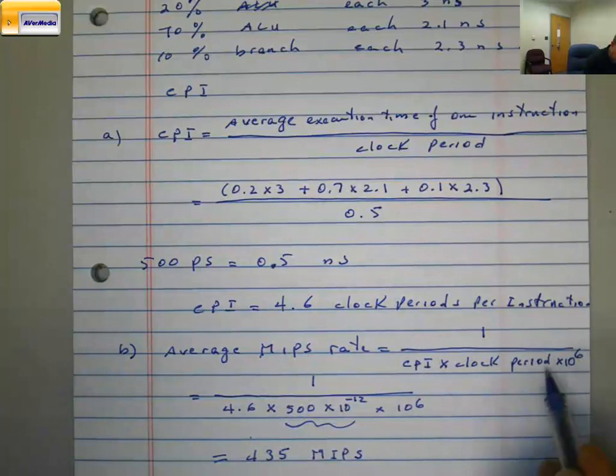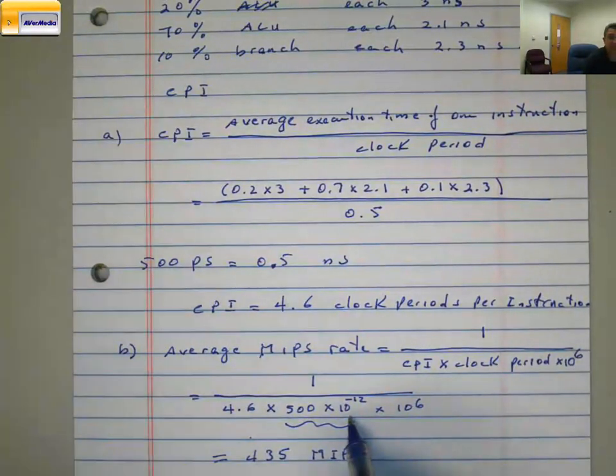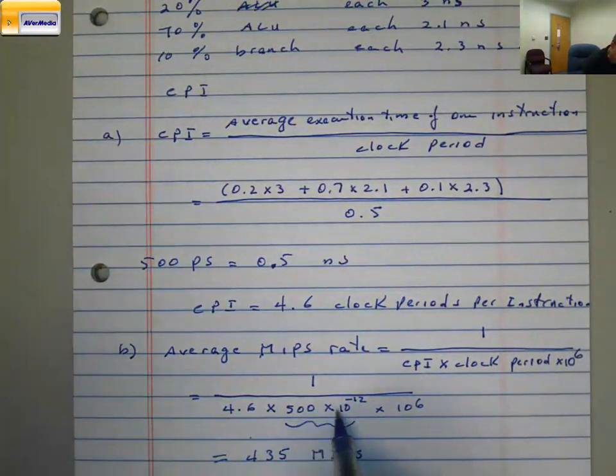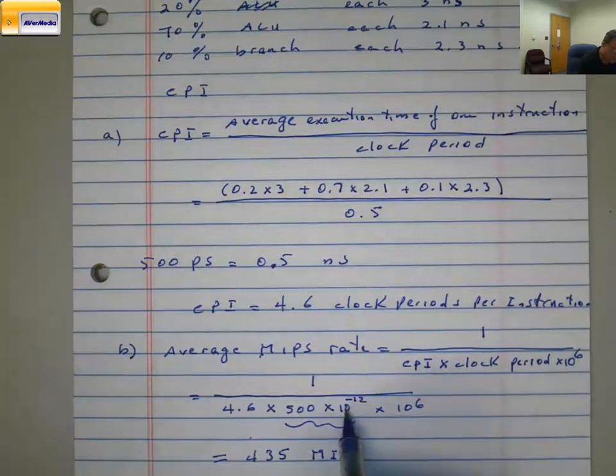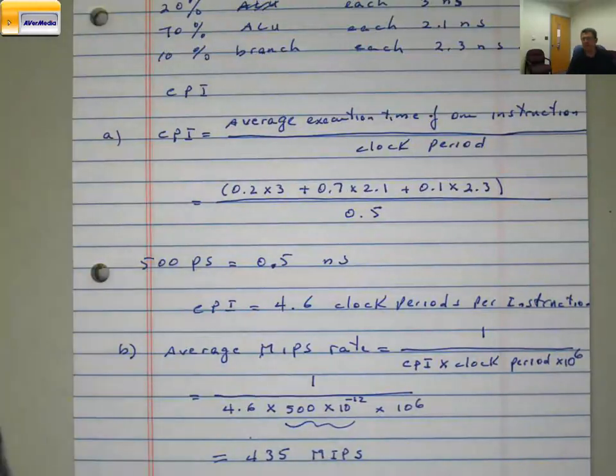So the clock period I had to convert into seconds. 500 picoseconds is equal to 500 times 10 to the power of minus 12 seconds. Remember, look at my first notes that I posted, where I discussed these units. You do the calculations and you are done with this part.